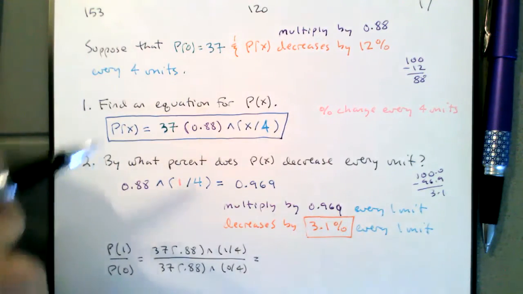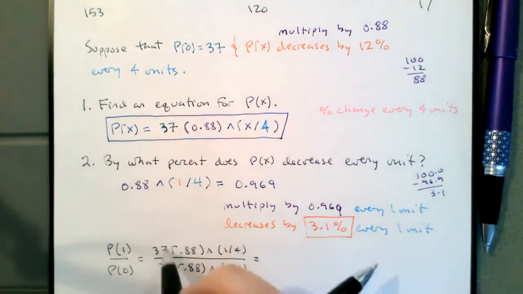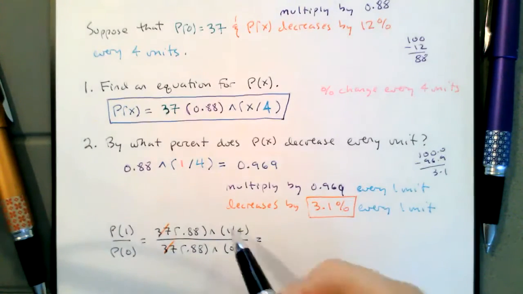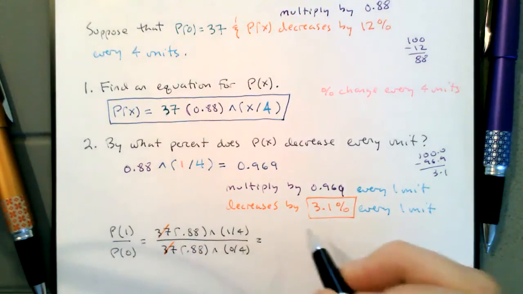The 37s cancel out. We're not concerned with where things started. We're concerned with how things are changing. And 0.88 to the 0/4 is equal to 1.